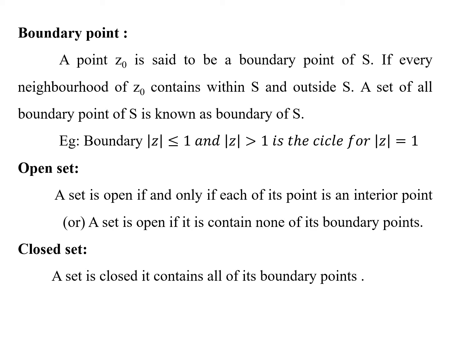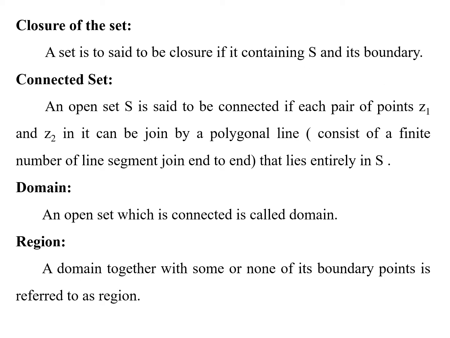The next definition is closed set. A set is closed if it contains all of its boundary points. Closure of the set. The closure is S together with its boundary.